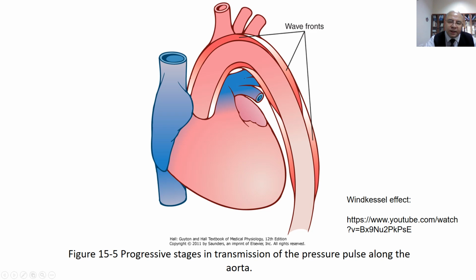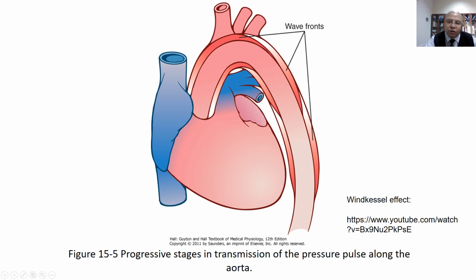So this aortic pump will continue to push, to press the blood inside, so that in the periphery the blood will be pumped as if it is continuously pumped by the heart.